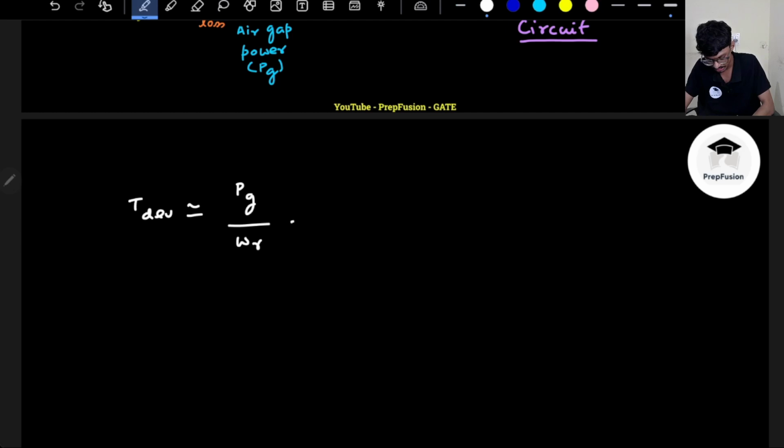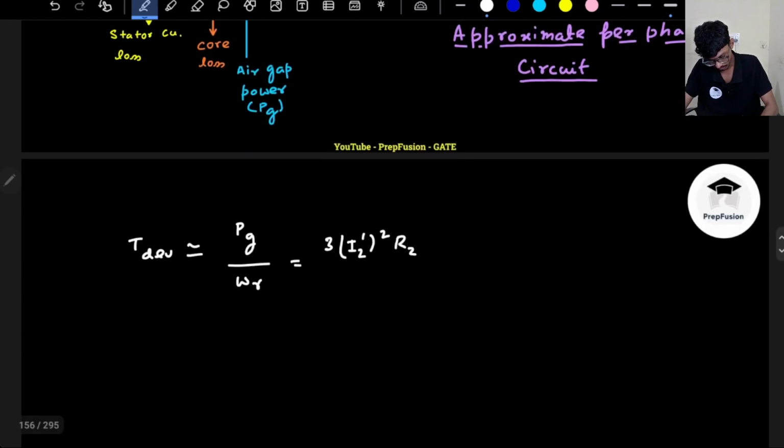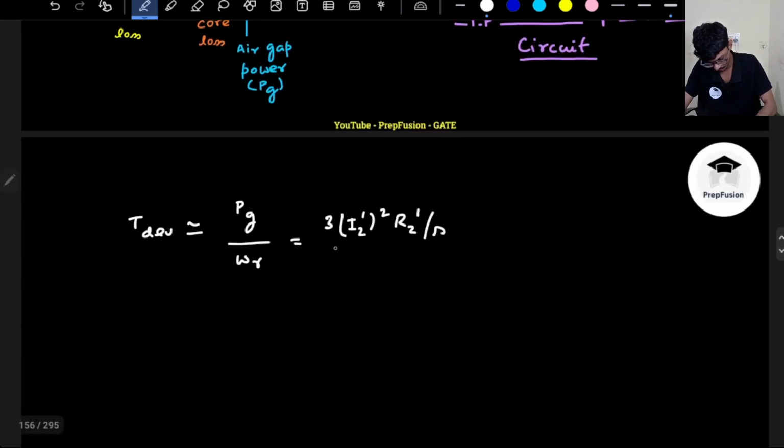And Pg is equal to 3 into I2 dash whole square into R2 dash divided by s, divided by omega r, whatever the omega r value is.